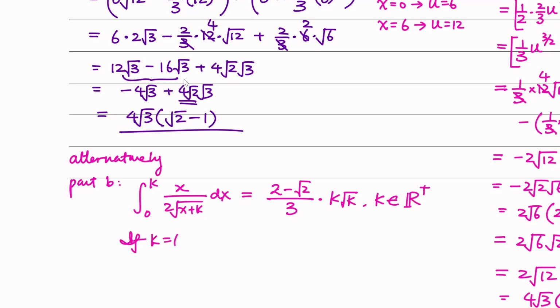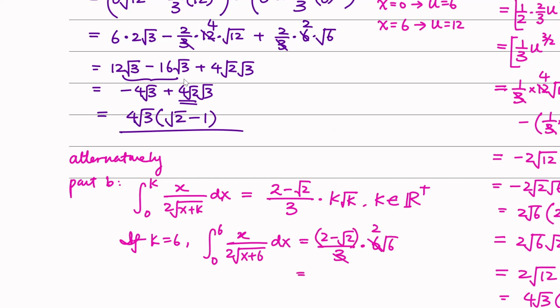If k equals 6, then the integral from 0 to 6 of x divided by 2 root x plus 6 dx is 2 minus root 2 divided by 3 times 6 root 6. You can cancel them out. Don't forget a bracket, this is a 2.